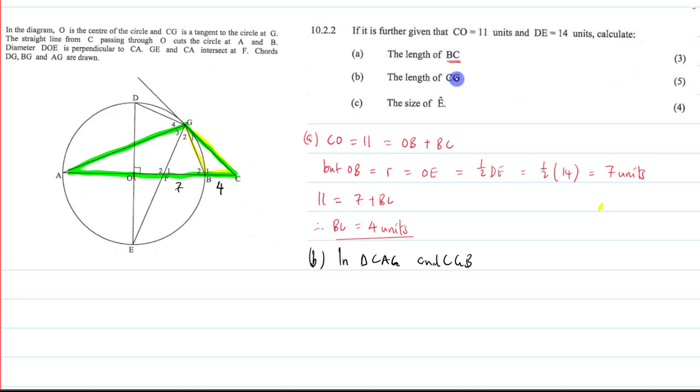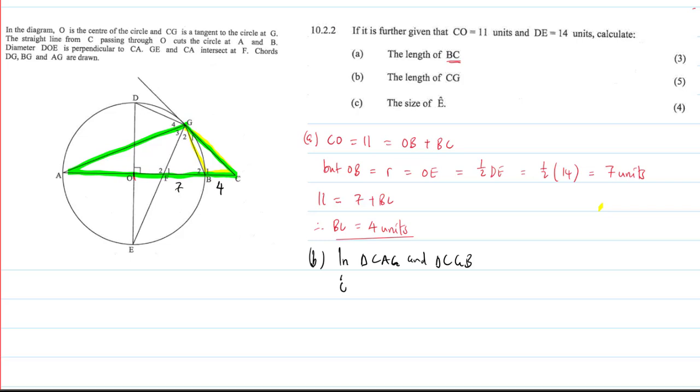Okay, I will prove that those two are similar and then use the fact that those two triangles are similar, and when I use the fact that the sides are in proportion, if they're similar, then I'll be able to calculate GC.